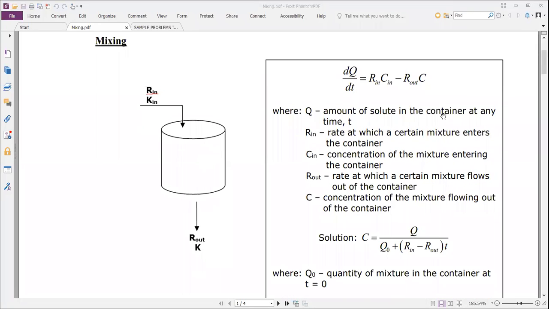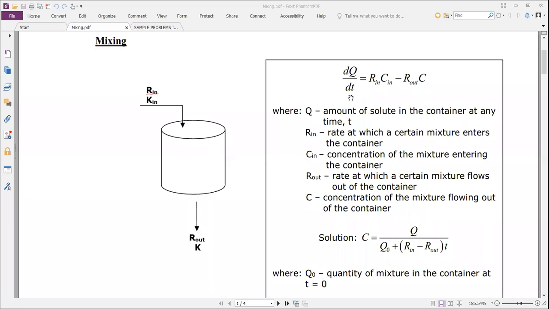So if we are to present it in the form of a differential equation, the amount of, let's say, solute in the tank at any particular time, or the rate at which the amount of any particular solute in the tank is changing or accumulating, that would be dQ/dt.